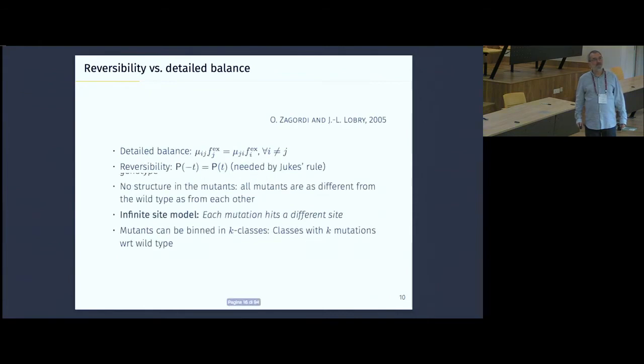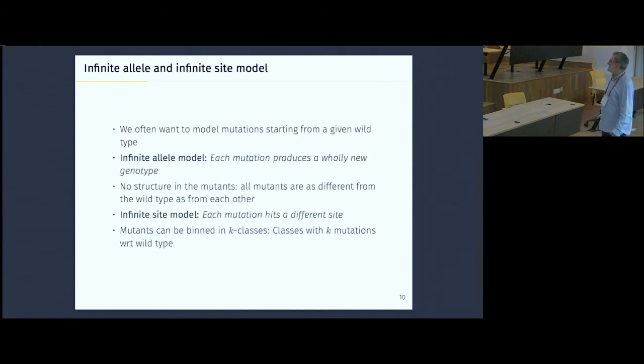Reversibility is fun for physicists, but it's probably not very relevant. But I just want to go back to the two models that Kavita mentioned, because they're useful to take into account. The point is that we often want to describe mutations starting from a given wild type, which is a good starting point.